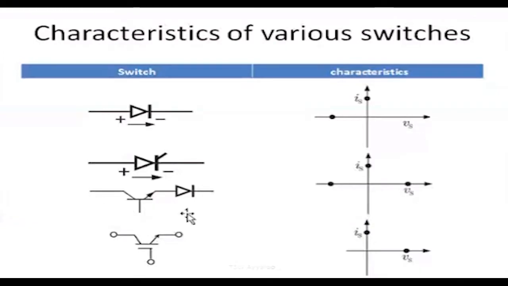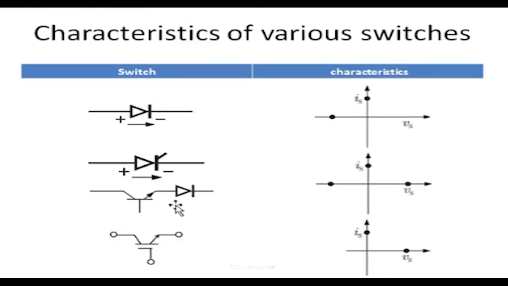If I give the base pulse, what happens now? The switch will turn on and the point will shift to the positive current axis, where the voltage is 0 and current is present. If we give the negative voltage, as you know, the diode will turn off and the switch will go to off state. That's why we are getting a point on the negative voltage axis, where the voltage is negative and current is 0.